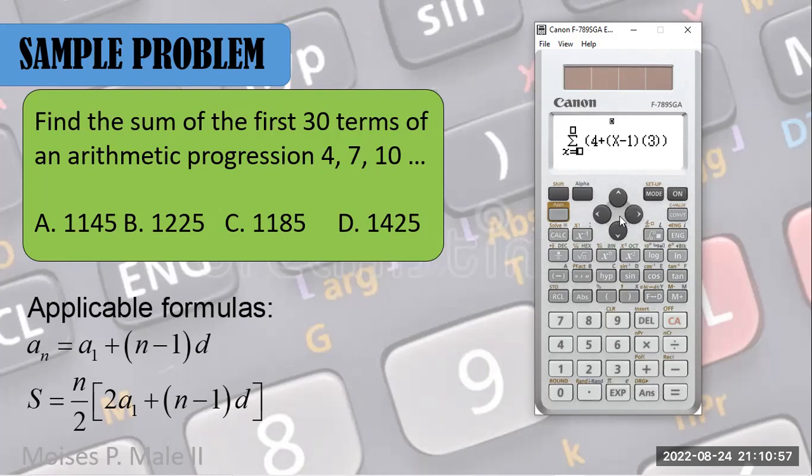Okay? Then we start from x equals 1 to x equals 30. Okay, 1, 4, 2, 5. Same thing with Casio. Okay?